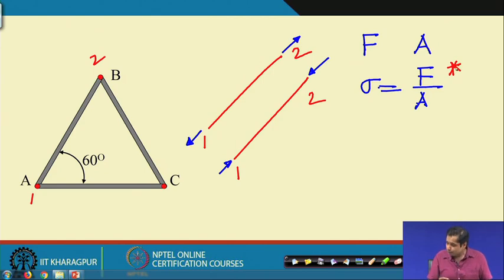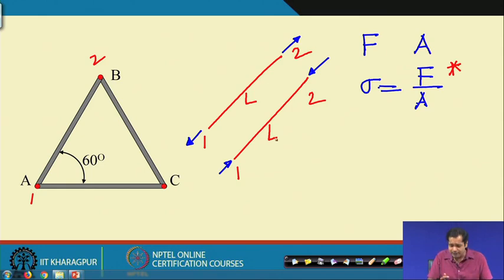Now suppose the force is F, and the original length of the member is L. Under the action of this force, the change in length could be an extension under tension or a shortening under compression.